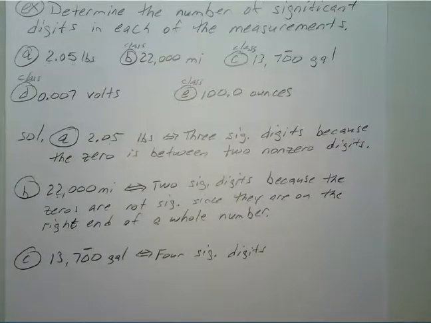Okay, so why? Because you have your non-zero digits, which are significant, and you have the 0 with the bar over it, which is significant. Remember, the 0 at the right end of a whole number is not significant.